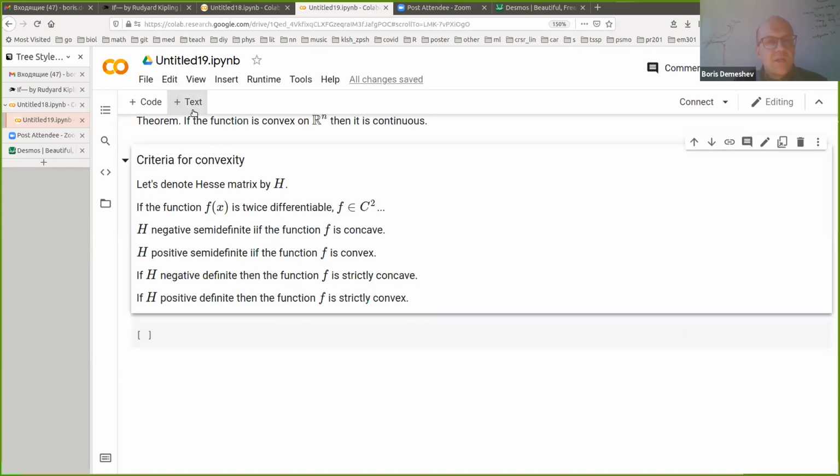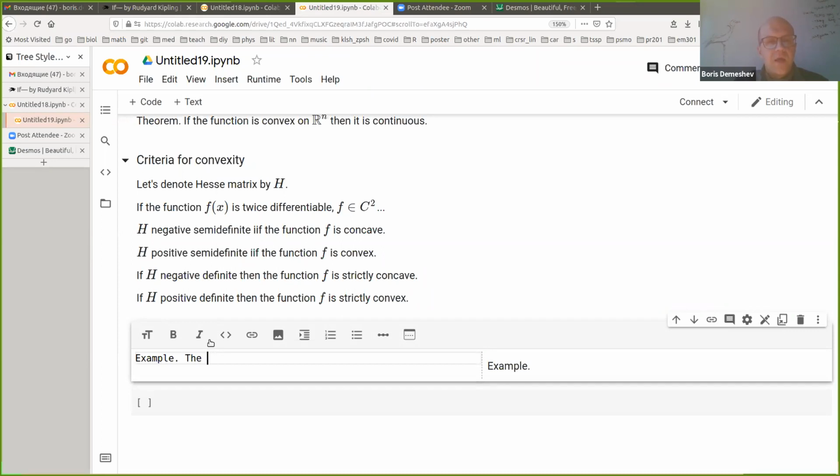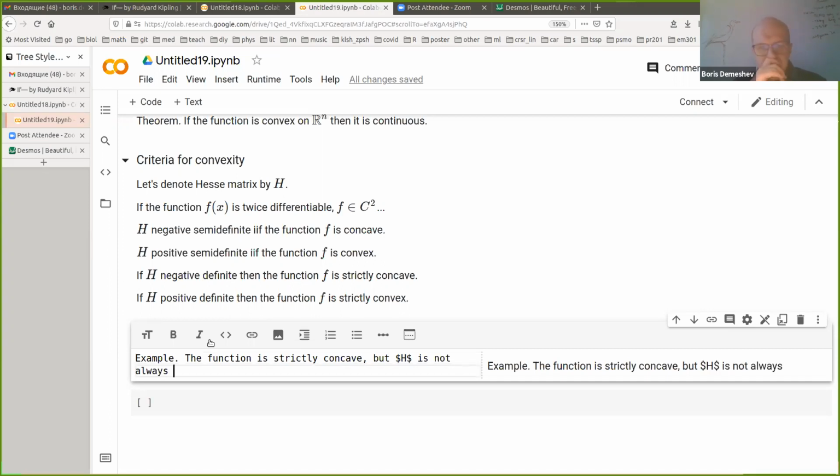Who can provide me an example? So let's find an example: the function is strictly concave, but H is not always negative definite.